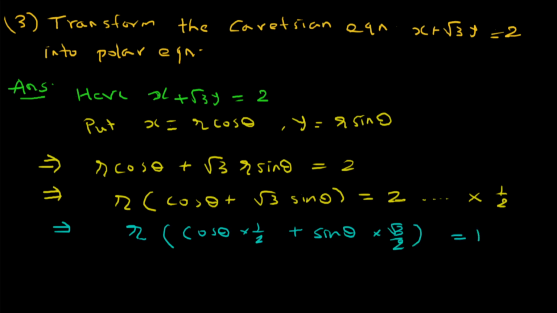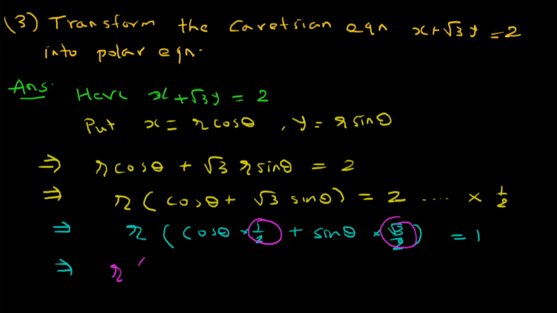Still we can simplify, because 1 by 2 and root 3 by 2 are familiar values for some trigonometric function at some particular theta. For which theta is cos theta equal to 1 by 2 and sin theta equal to root 3 by 2? You know theta must be pi by 3.